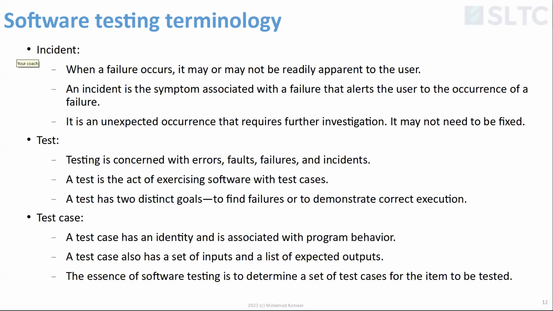Then more words, right? Incident, what does that mean? When a failure occurs, it may or may not be readily apparent to the user. An incident is a symptom associated with a failure that alerts the user to the occurrence of a failure. It is an unexpected occurrence that requires further investigation. So incident means, okay, software may be right, wrong, whatever, it is running smoothly.